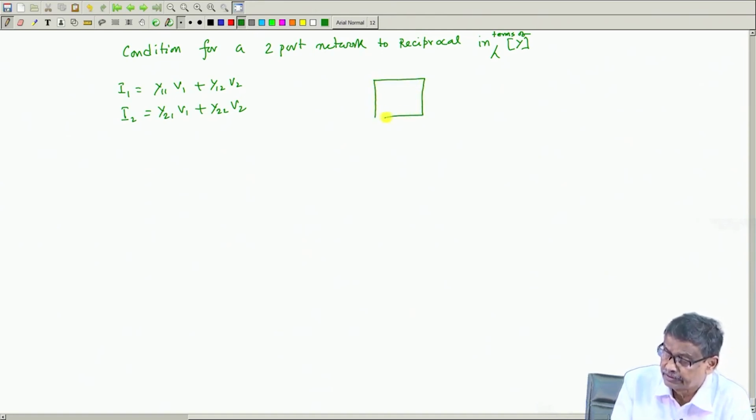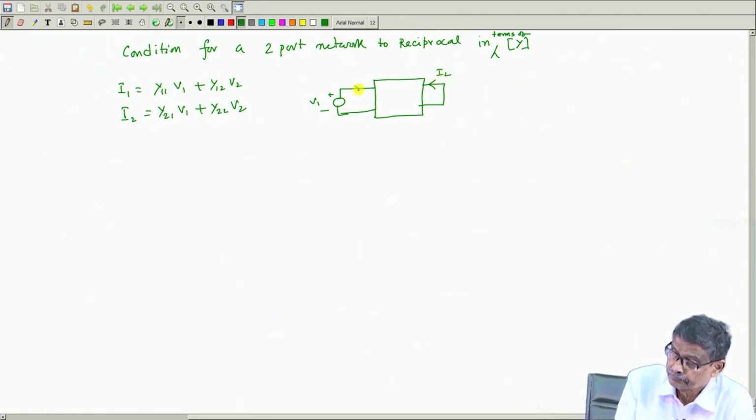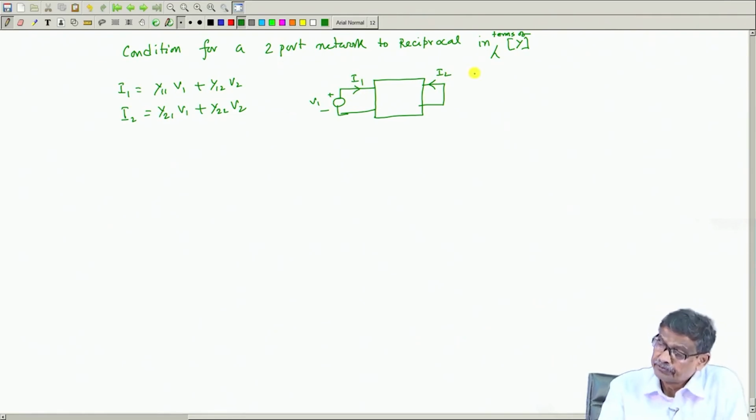In one case I will excite the input port with V 1 and short circuit the other port, and find exactly the same way.